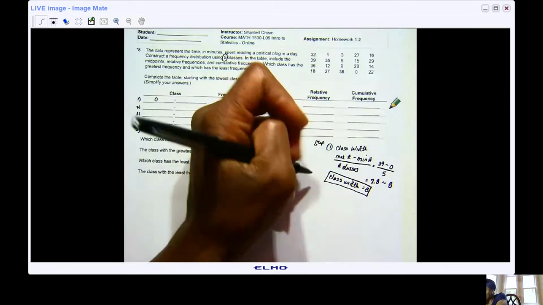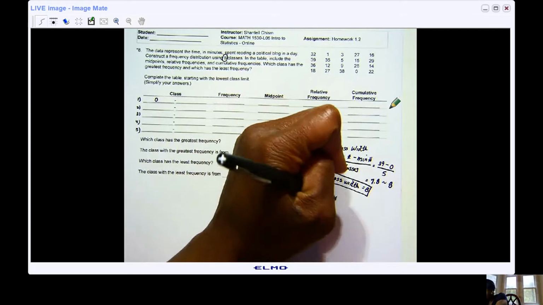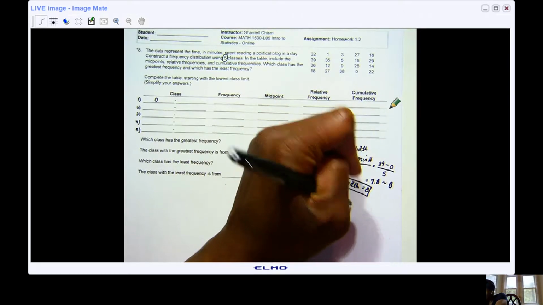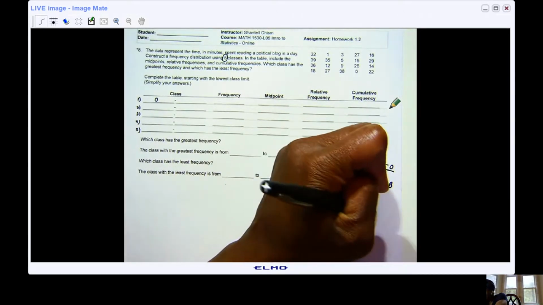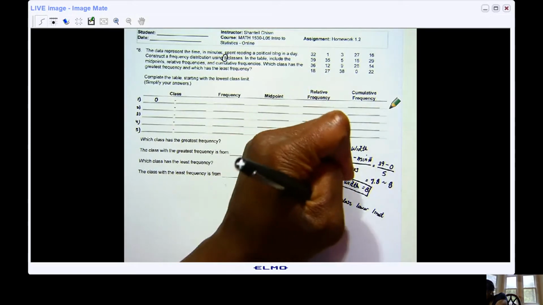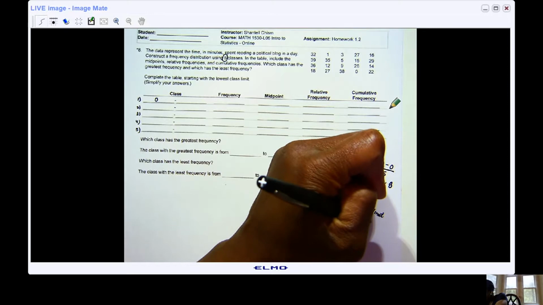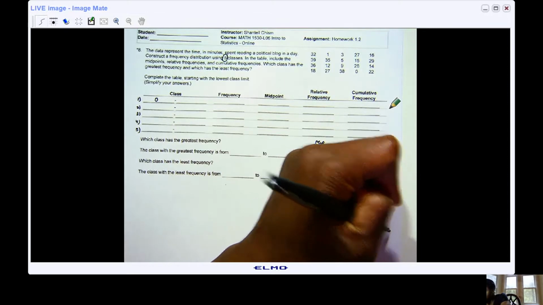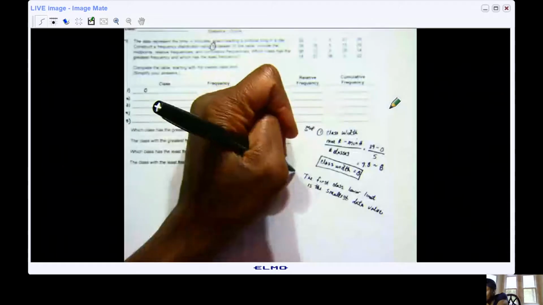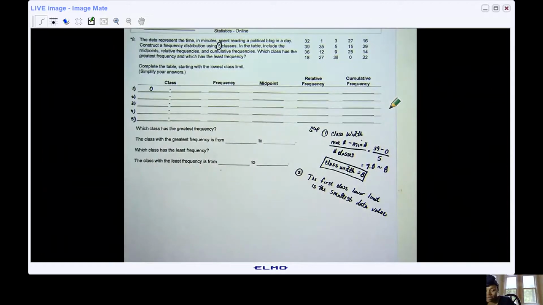The first class lower limit is the smallest data value. That's basically what you're doing second: putting in that first class lower limit.